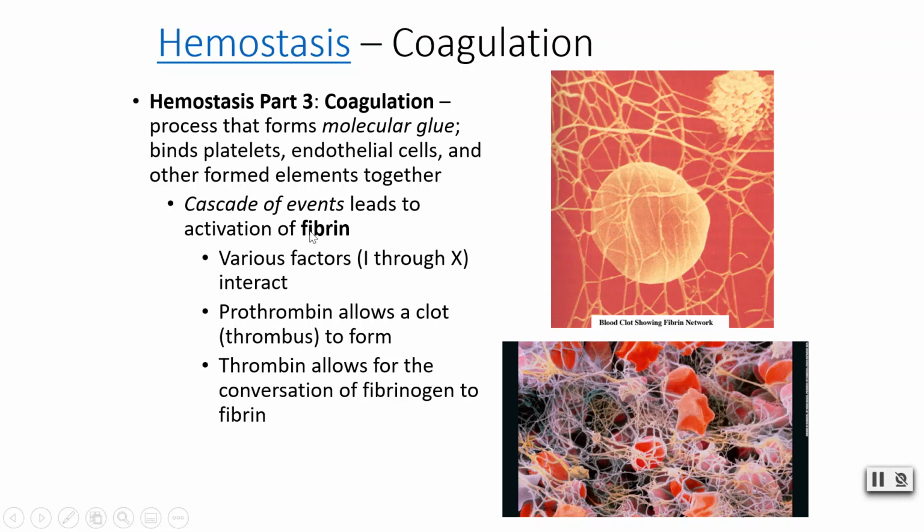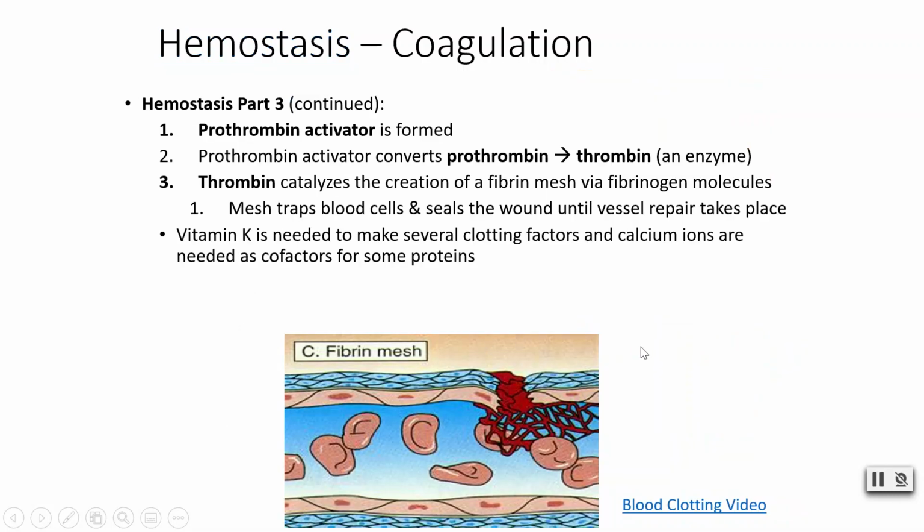We are going to do all of these steps because we are trying to activate fibrin. We're going to get to fibrin, promise. We are also going to need prothrombin, which allows a clot to form. Thrombin is going to help convert fibrinogen into fibrin, which again, we just said we're looking to activate. This is how we're going to do it. So, here we go.